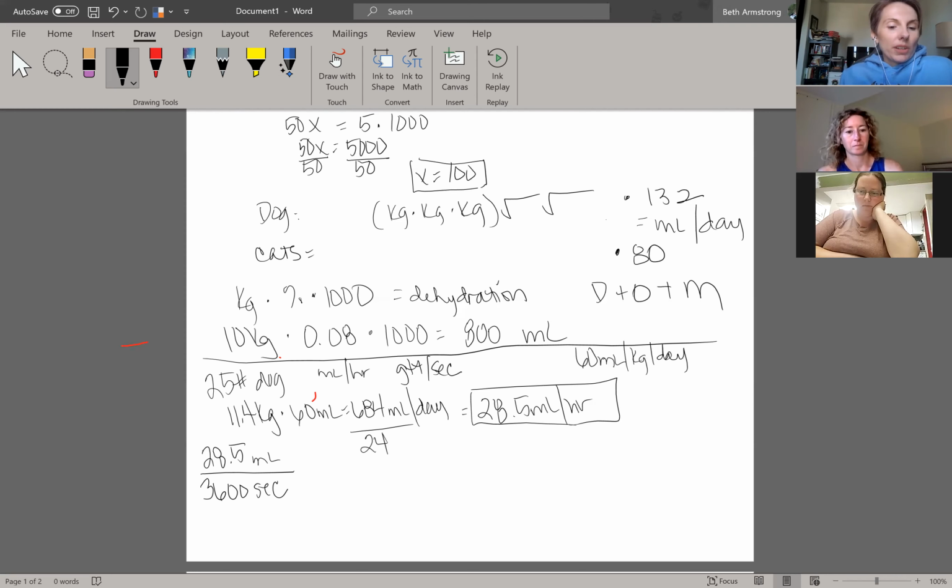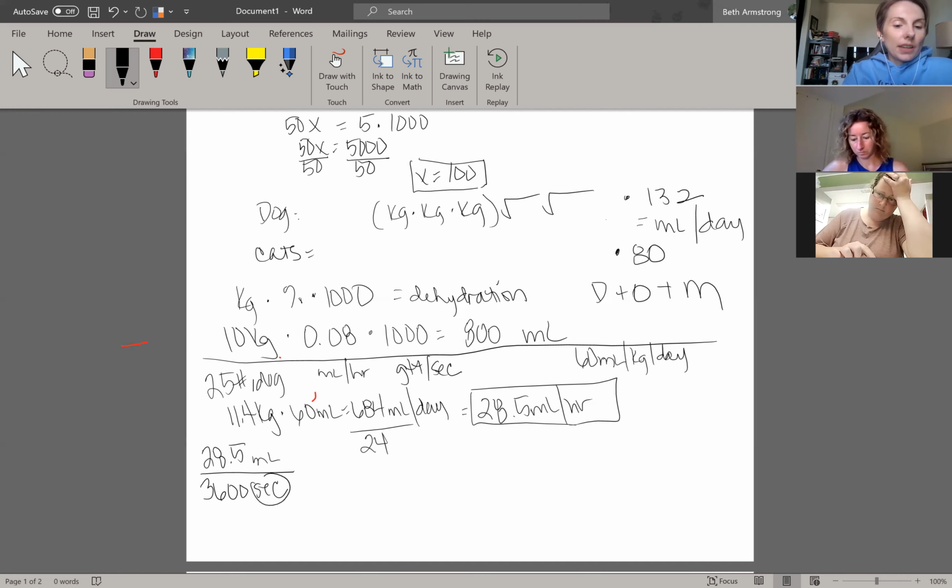If we just remember 3,600 seconds, there are 2 steps to get drips per second: we take our mils and put 3,600 seconds under them, since we need drips per second.